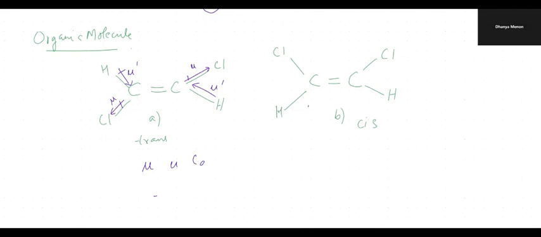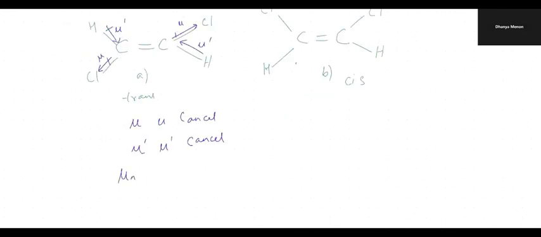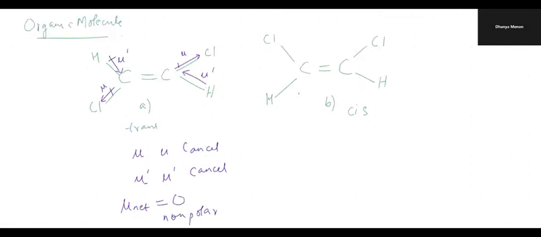And same with the case of mu dash and mu dash. They also cancel each other, resulting in a net mu of 0. That means it is non-polar. Nothing is getting added up. They are cancelling up.